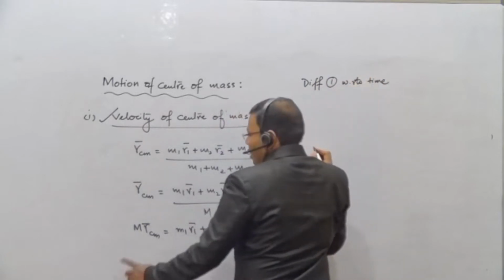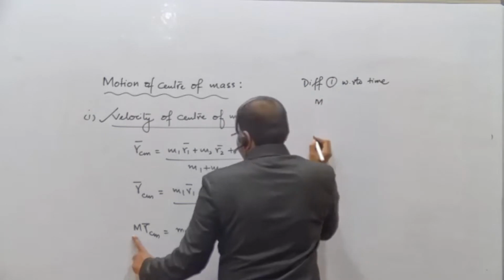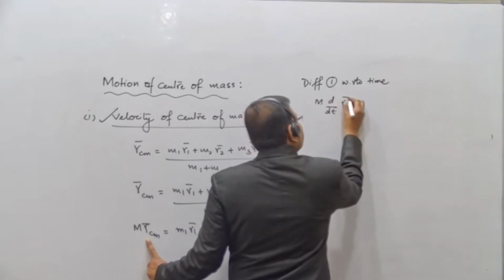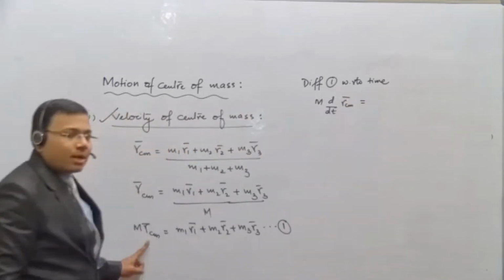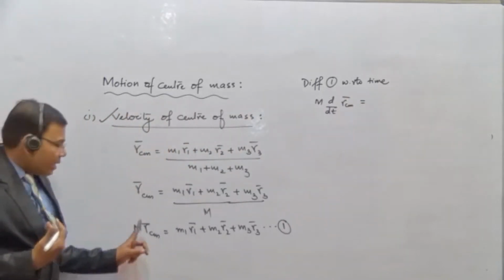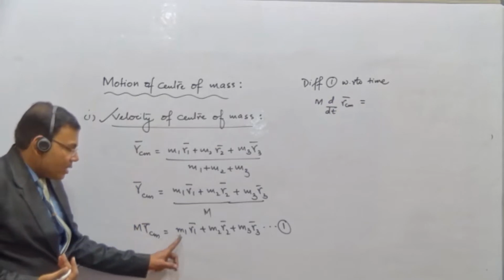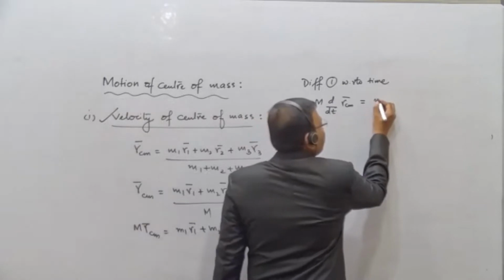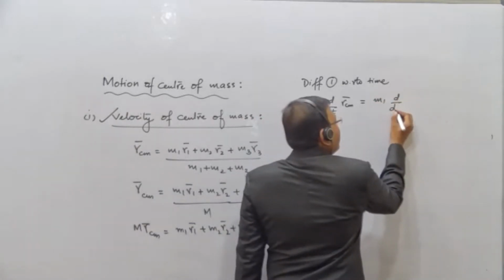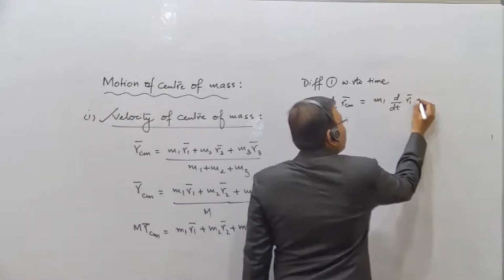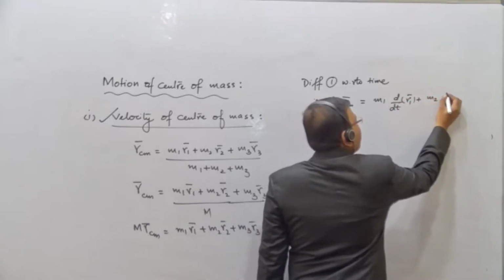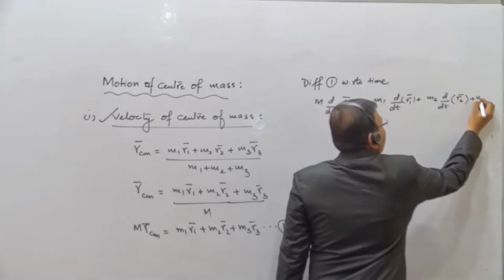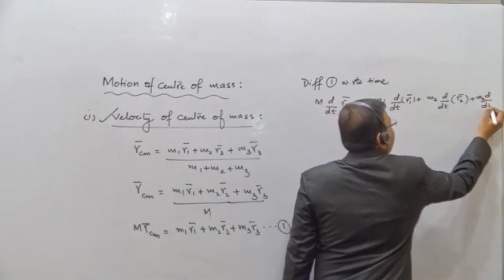Let us differentiate. Mass is constant, leave it as it is. If you differentiate this, d by dt of RCM is equal to, try to understand, mass is constant, we take it outside, M d by dt of RCM as it is. Now the masses are again constant: M1 d by dt of R1 plus M2 d by dt of R2 plus M3 d by dt of R3.